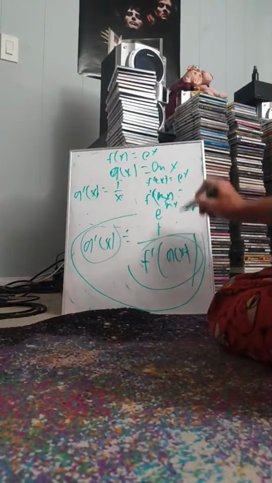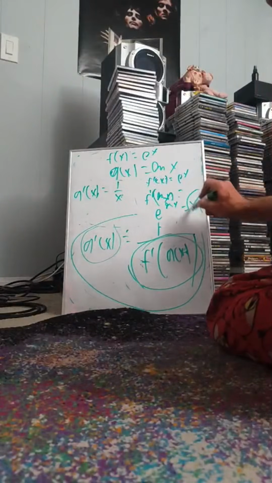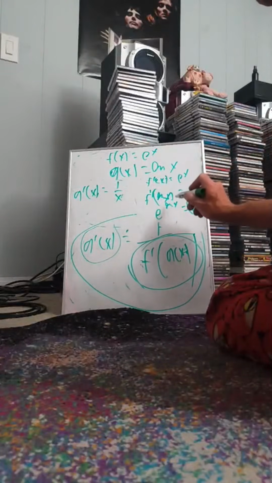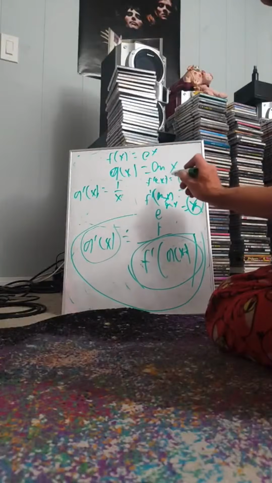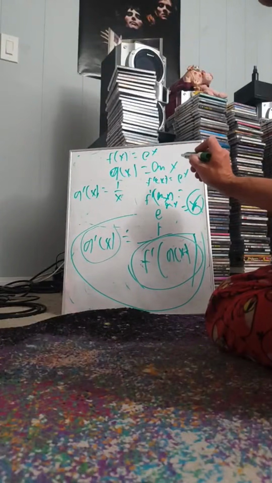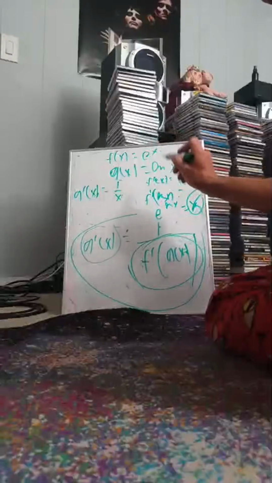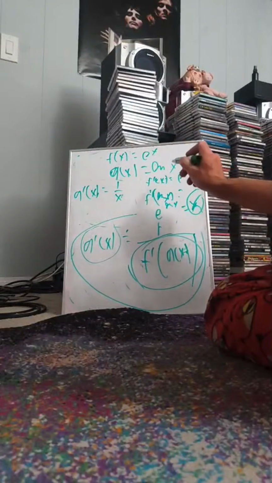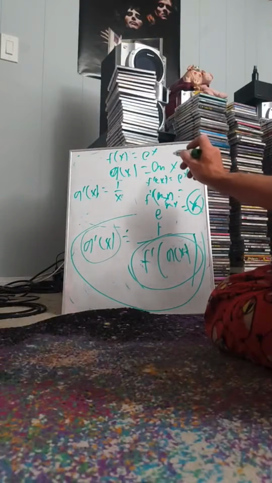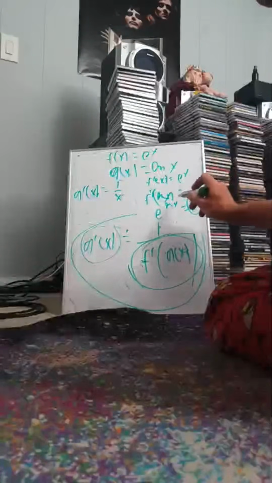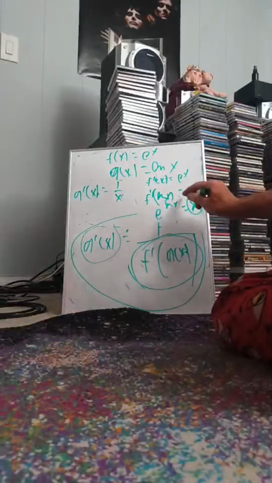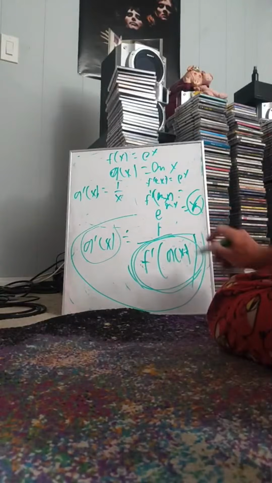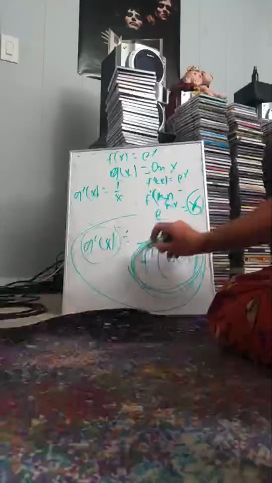So that means this much is x, because this is f prime of g of x. They cancel each other out, and therefore this much is x.